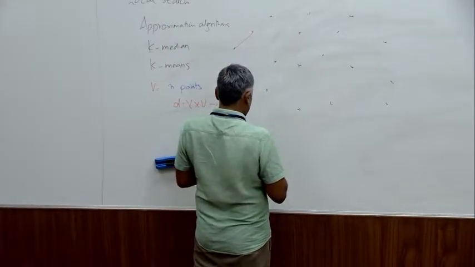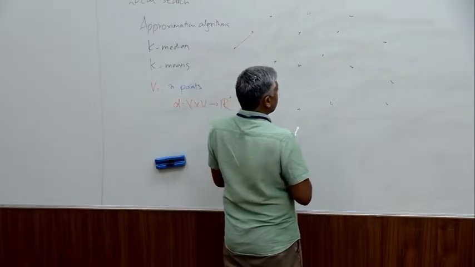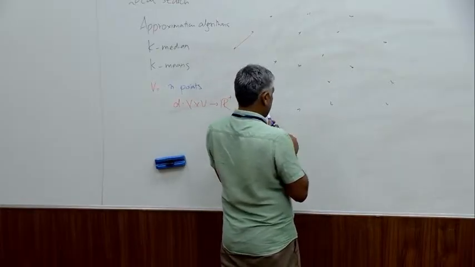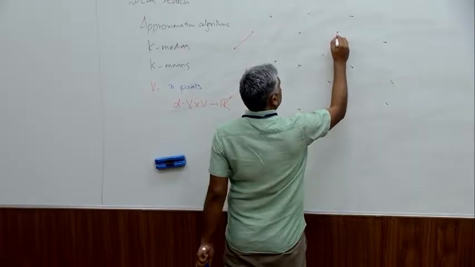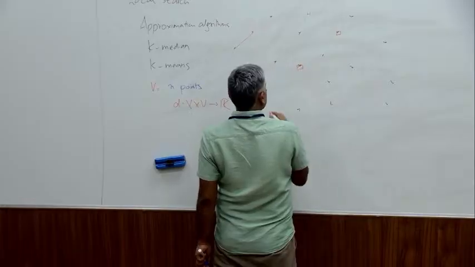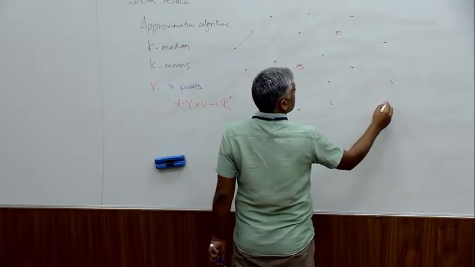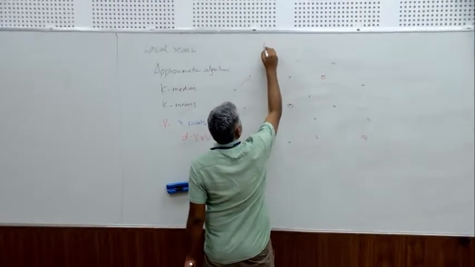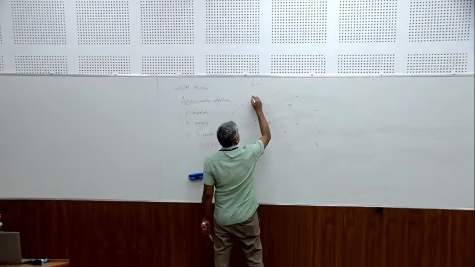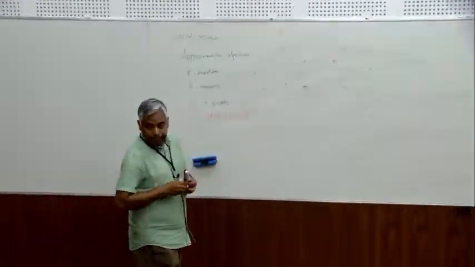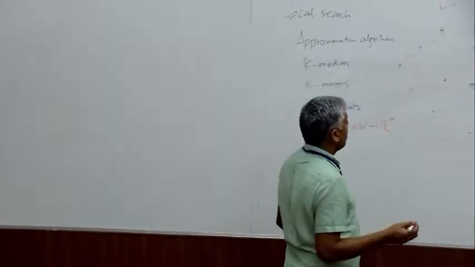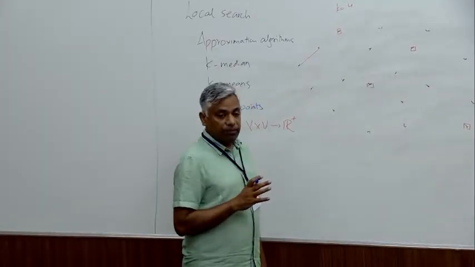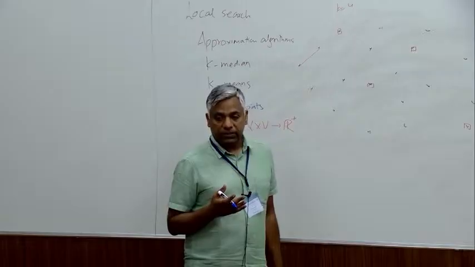And now I want to open some K medians, some K points I want to identify. Maybe this, maybe this, maybe this. Let's say K is 4, so maybe this. Such that the distance of every point from the nearest median, right?